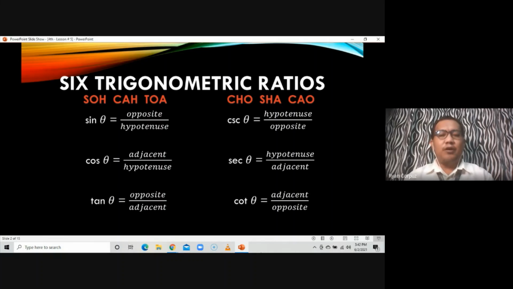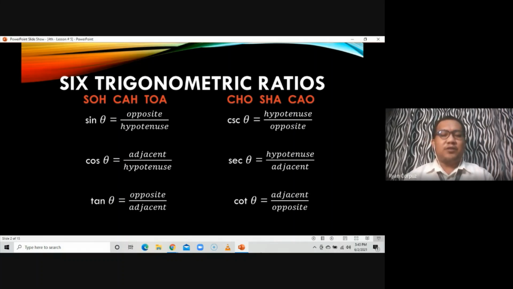SOHCAHTOA stands for sine, for SOH, that stands for sine theta is equal to opposite over hypotenuse, or in simple, that sine is equal to opposite over hypotenuse. While CAH stands for cosine is equal to adjacent over hypotenuse. While TOA, that stands for tangent is equal to opposite over adjacent.